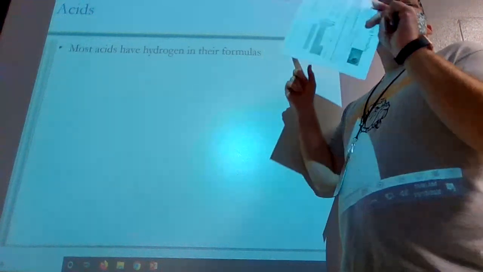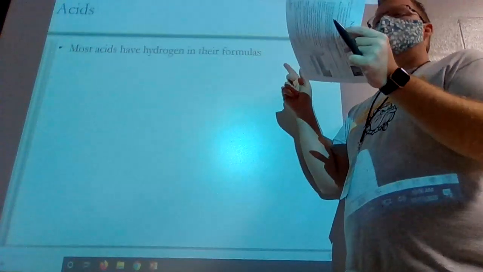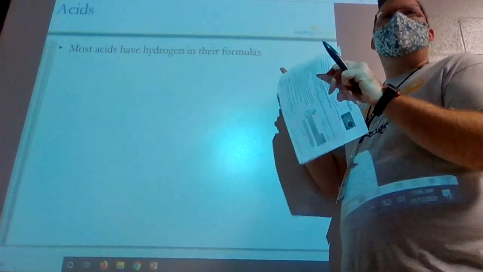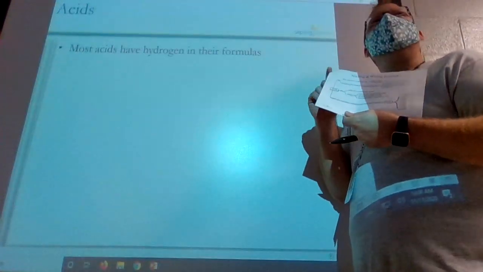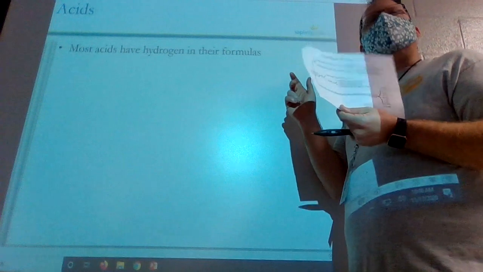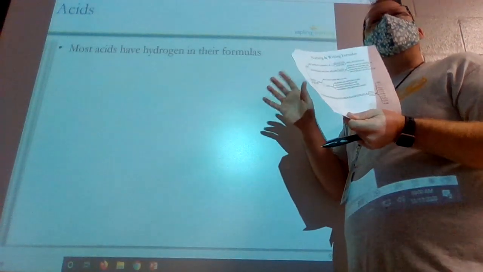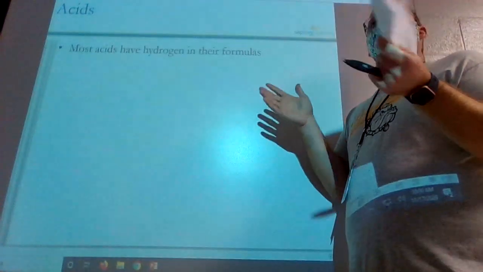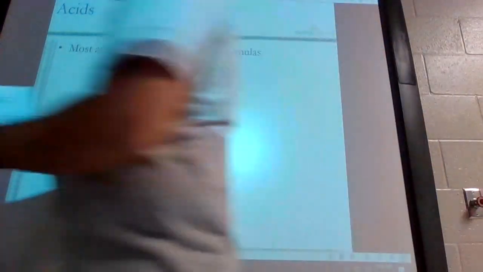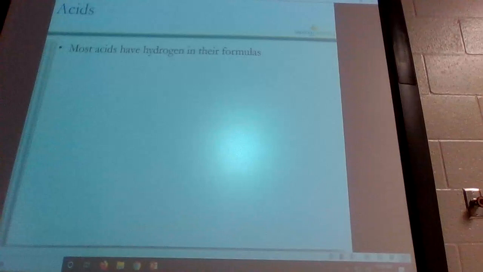So know that most acids have hydrogen in them. Almost every single acid has hydrogen in them. The most common of which, I guess, in the lab is going to be hydrochloric acid, which has hydrogen and chlorine. And you can tell by the name hydrochloric acid the way that we're going to be naming these.